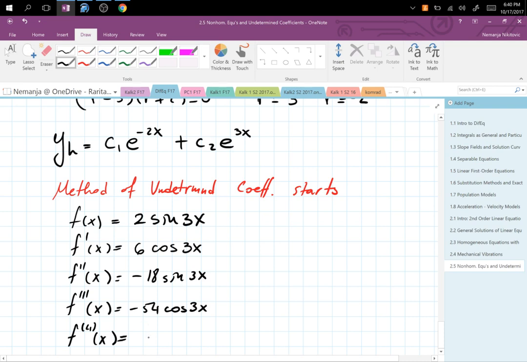What rule is that right there? Chain rule. So the chain rule will keep kicking the 3 in front, and sine goes to cosine, cosine goes to negative sine, and so on.